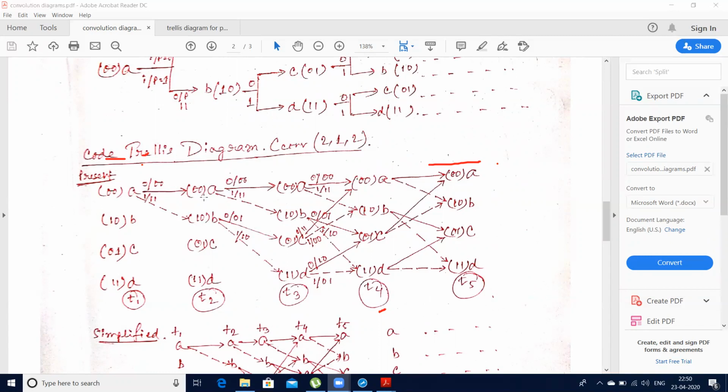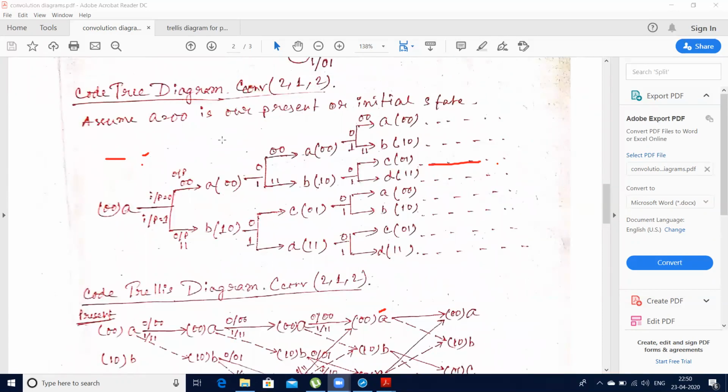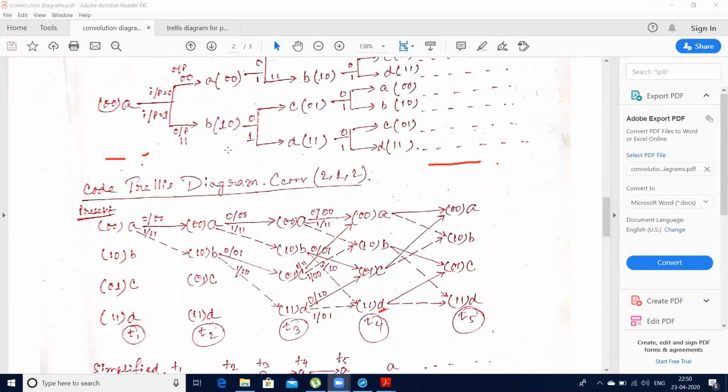Again, as in the code tree, from A, this is ABCD also, and this is ABCD also. Then at the second stage, this is to be considered as the present state.